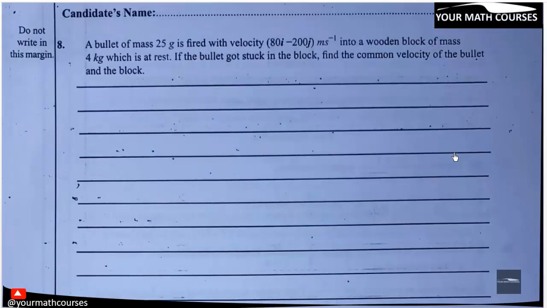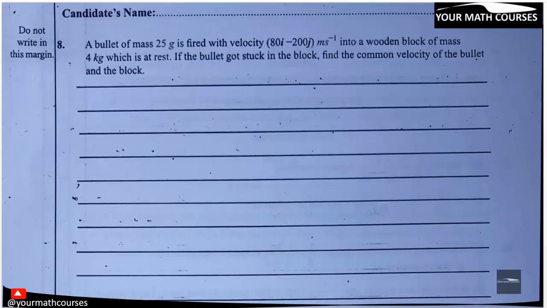Now let's take question number 8. A bullet of mass 25 grams is fired with velocity 80i minus 200j meters per second into a wooden block of mass 4 kg which is at rest. If the bullet got stuck in the block, find the common velocity of the bullet and the block.